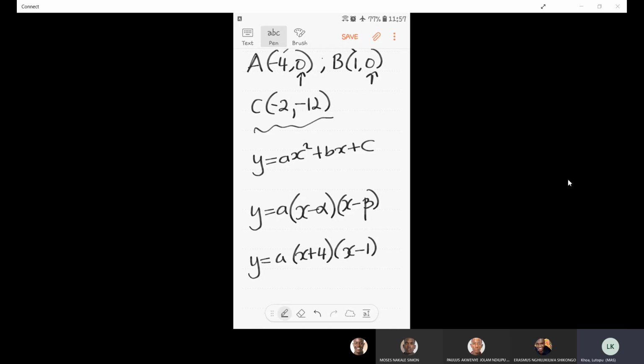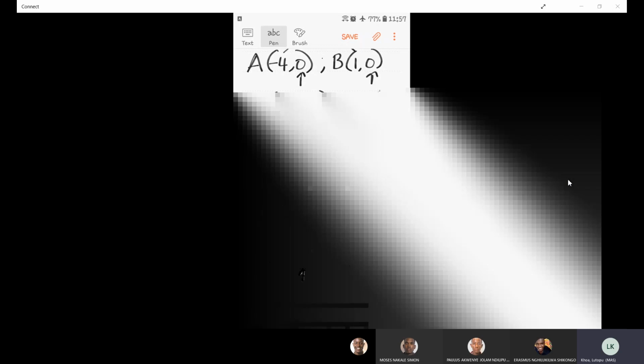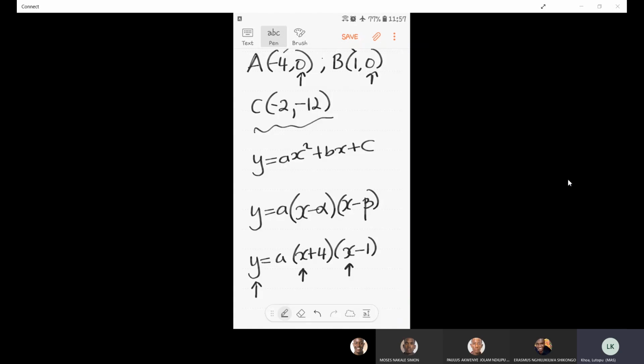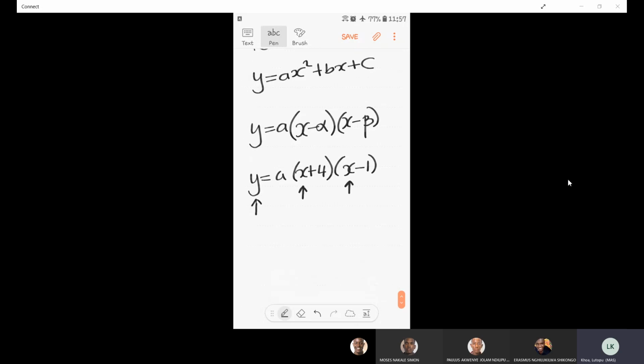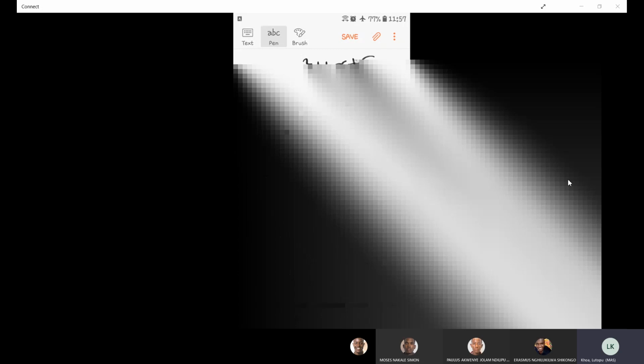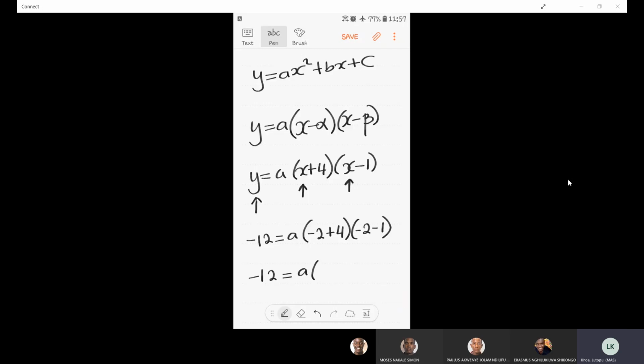So I will substitute -2 over there and then -12 over there, and that will give me the equation of my parabola. So here -12, this is a, and then I have x, which is -2 plus 4, and then I have -2 minus 1. So here I have -12, this is a, this is 2, and this is -3.